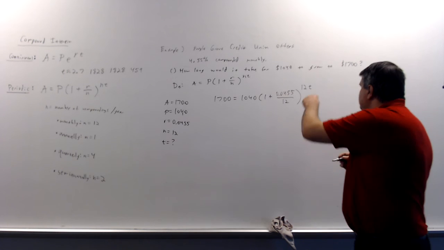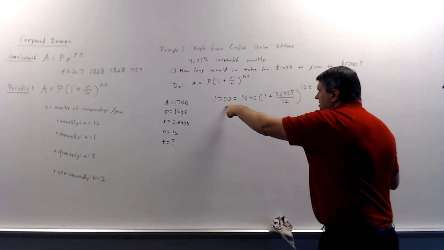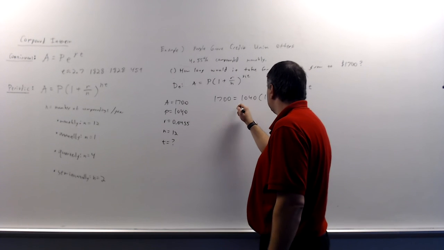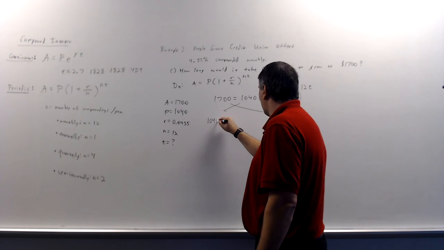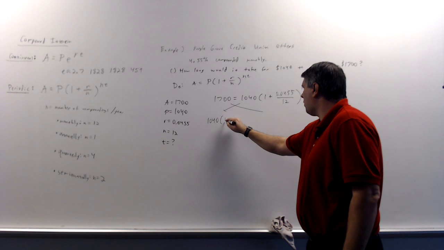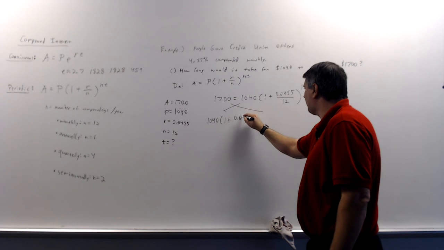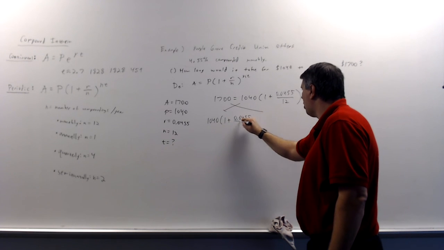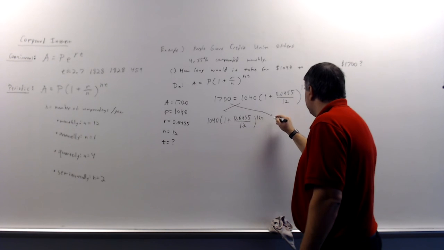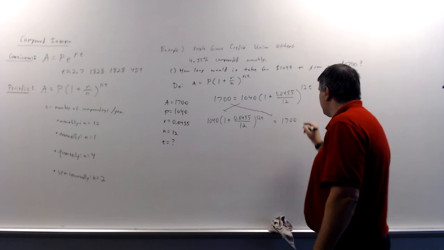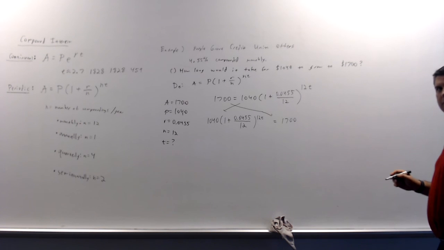Okay? T is my unknown, so I'm going to switch the sides. I'll also do this division. So 1040 times 1 plus 0.0455 over 12 to the 12t power equals 1700. Okay?